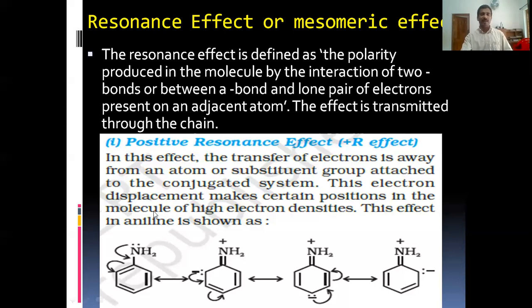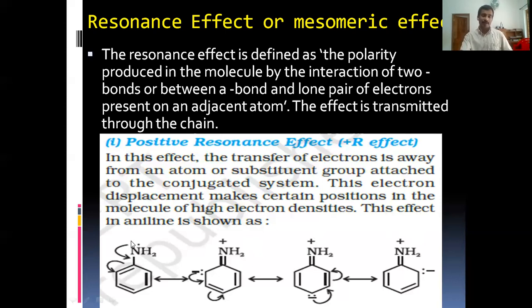Here you can see that when an NH2 group is present in a benzene ring, the electron pair from the NH2 group moves to the benzene ring. Such an effect is known as plus R effect. Here the substituent gets a positive charge and the ring gets a negative charge, that is plus R effect.